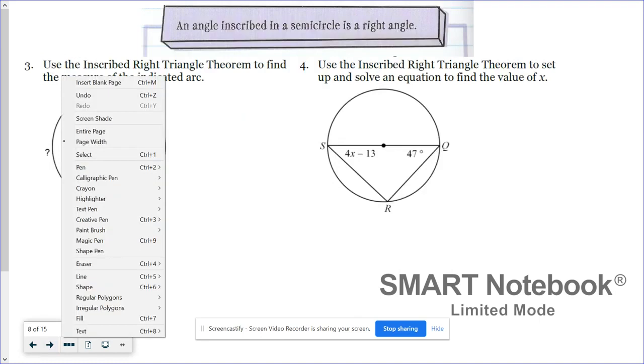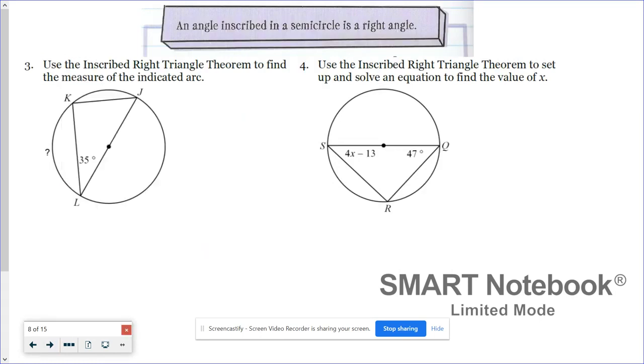In problems 3 and 4, we're going to apply the right triangle theorem. Use the inscribed right triangle theorem to find the measure of the indicated arc. I see that angle K is an angle inscribed in this semicircle because JL is the diameter. So I know that angle K is a right angle. I also know that angle L is 35 degrees.